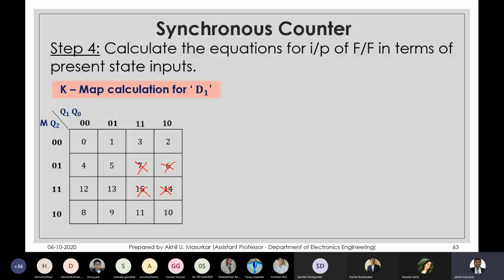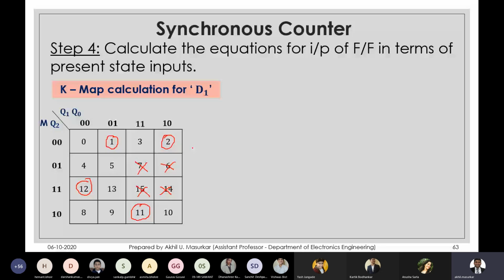Sir, positions of 1 are 12, 1, 2, and 11. All others are zeros. Check it correctly. Yes, sir, all others are zeros.